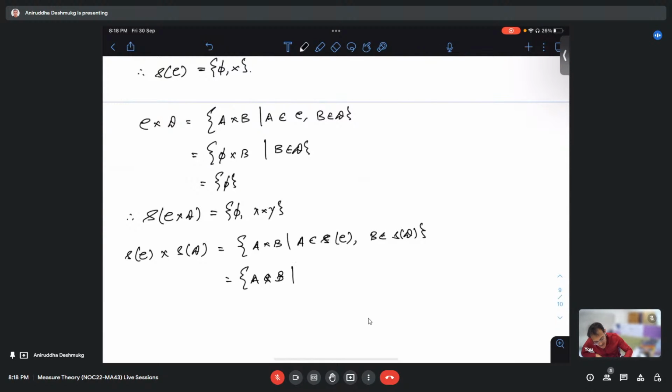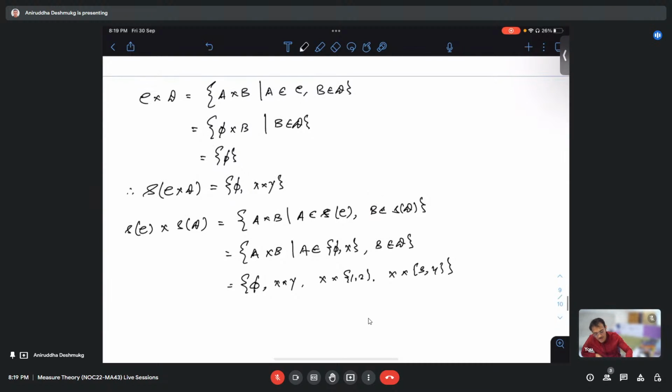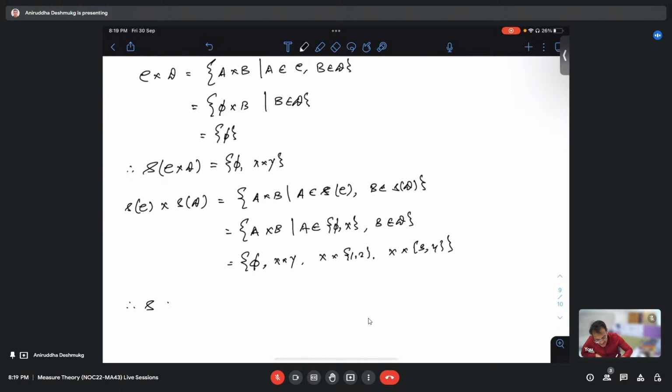So it is A cross B, such that A varies in this two element set {phi, X} and B varies in D. So there are various possibilities of B here. In particular, of course, the empty set will be there. The whole space X cross Y will be there because X is inside this two set and Y is inside D. But there is also this set phi cross {1, 2}, X cross {1, 2} and X cross {3, 4}. This is also there.